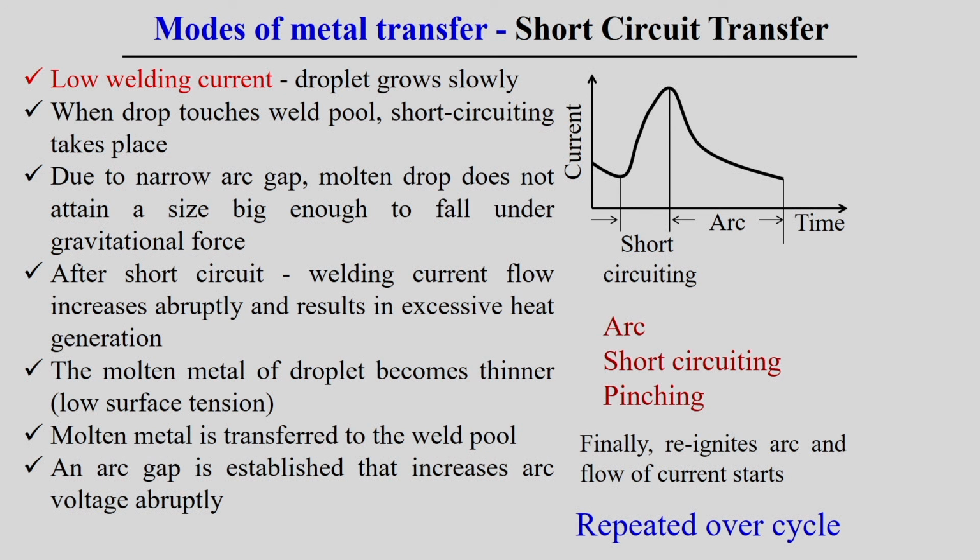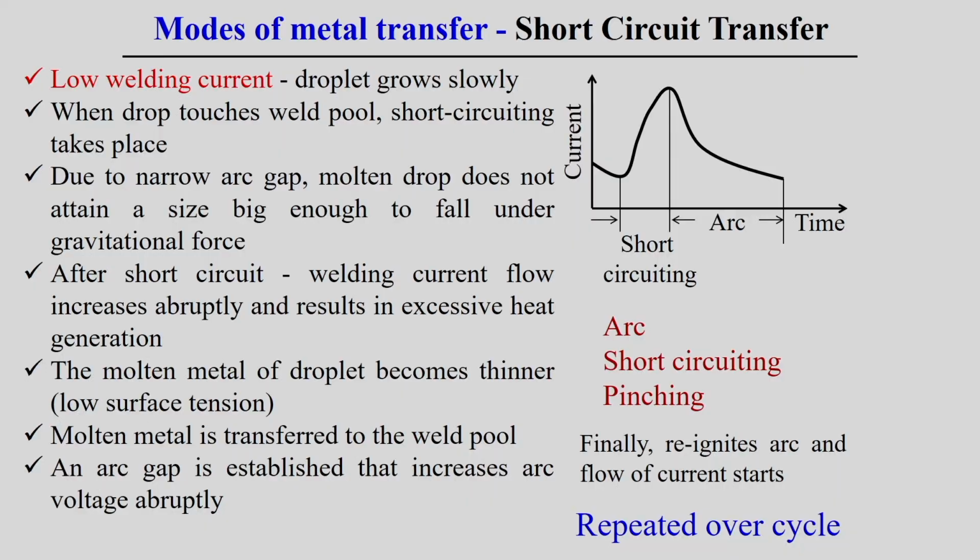It is not that before touching the workpiece it is detached from the electrode metal; it does not happen that way. Rather, the droplet forms at the electrode tip, and when the droplet touches the workpiece, the short circuit mode is created. Since the gap is narrow as compared to the other modes of metal transfer, specifically the globular mode of metal transfer.